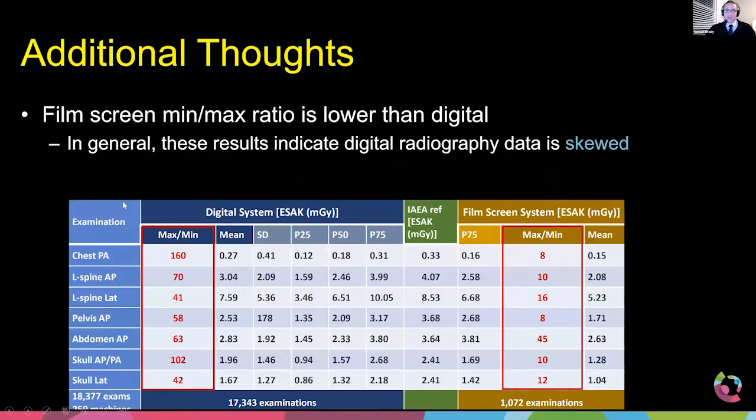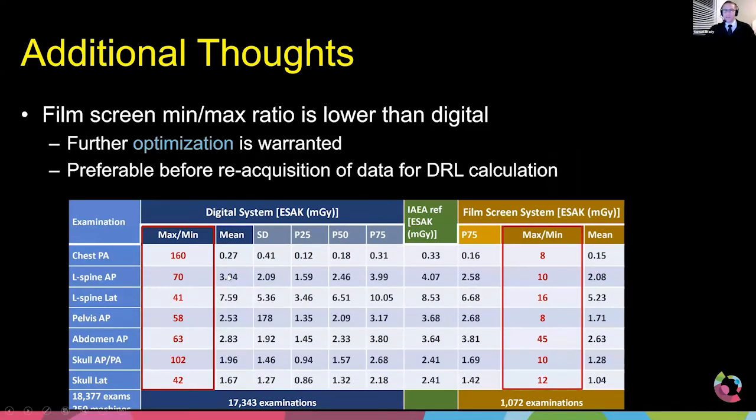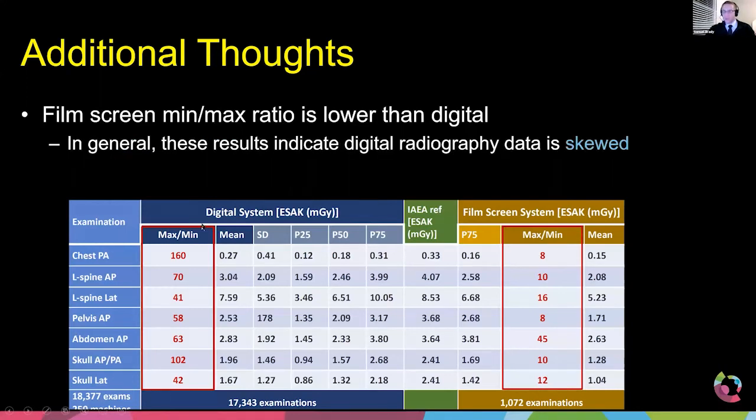All right, so the next thing is the values are obviously skewed. So we know now why, because film tells you when you've overexposed so you can keep your doses low. We know these values are skewed. So it basically says one thing. In general, digital radiography needs to be optimized.